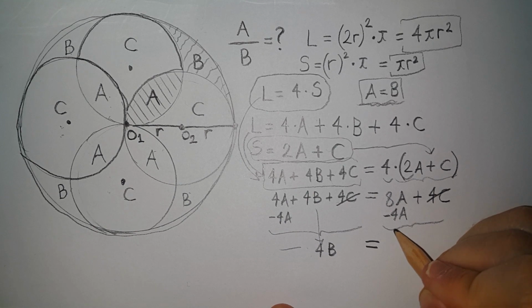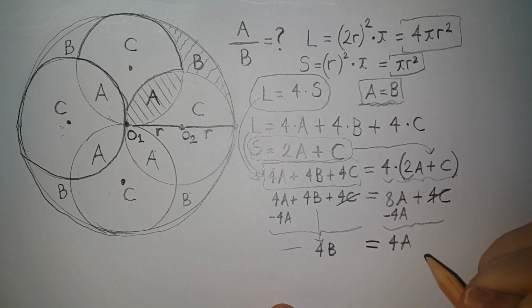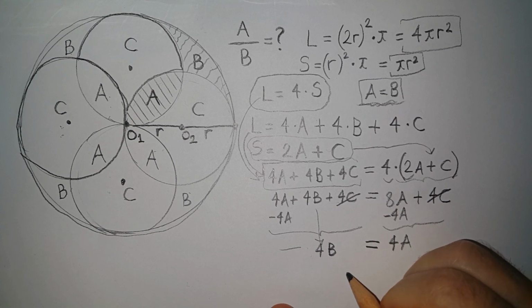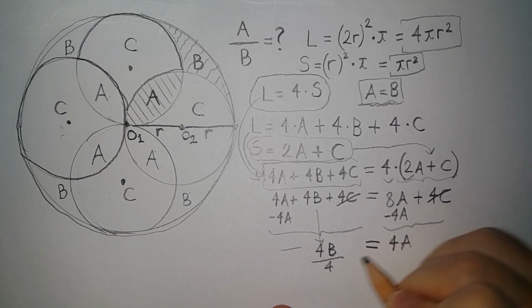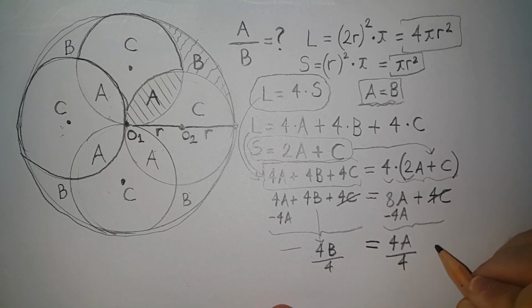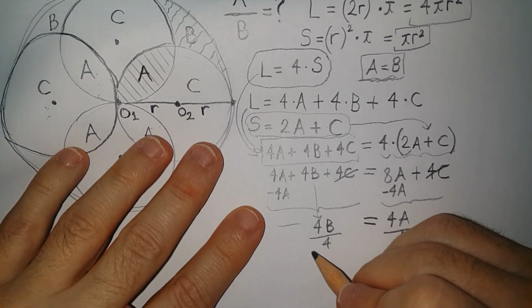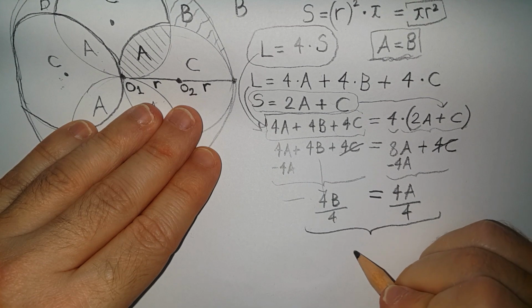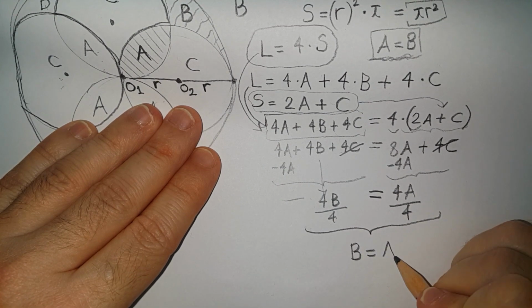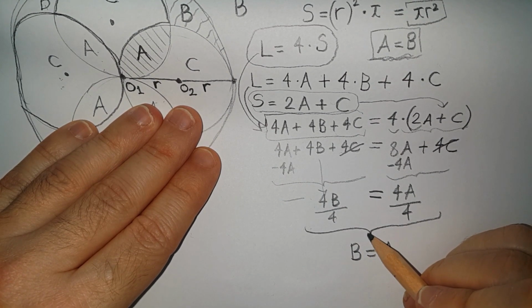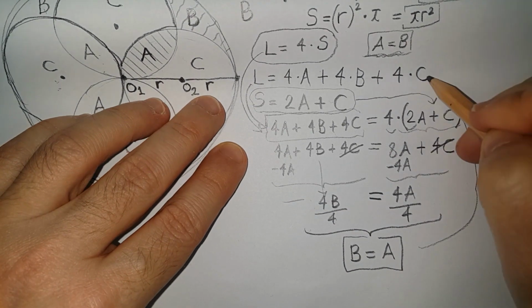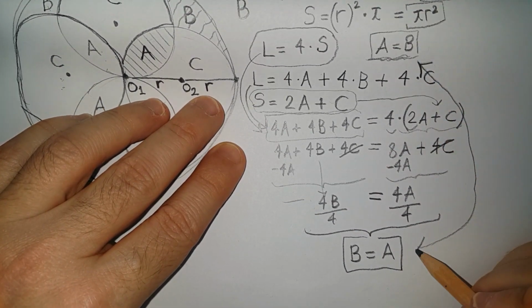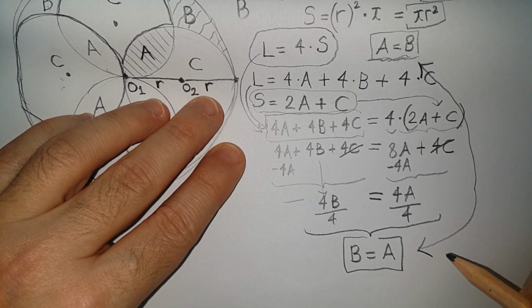And on the other side, we get 8a minus 4a, which is 4a. So we've got 4b equals 4a. And let's divide both sides by 4. And what we get is B equals A. So we've got the same thing up here. A equals B. We proved that using math.